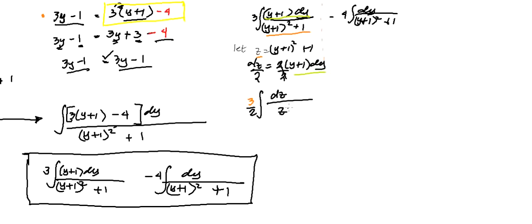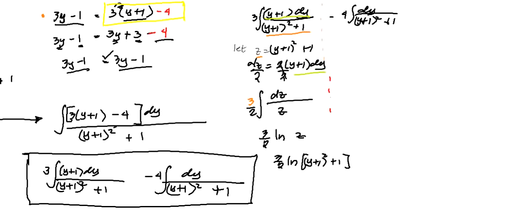From here you can now easily see that the integral of dz over z is just equal to ln of z. So we have 3/2 ln of z, which equals 3/2 ln of, what is our z? (y plus 1) squared plus 1.